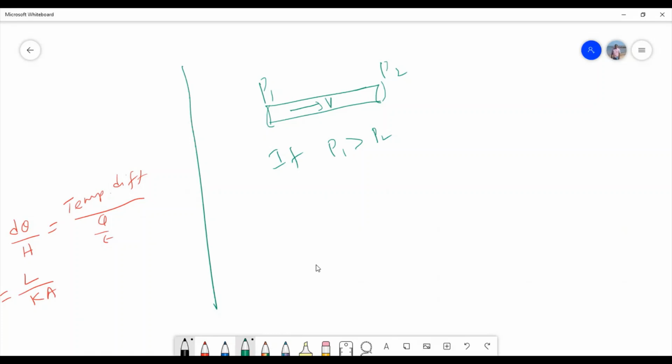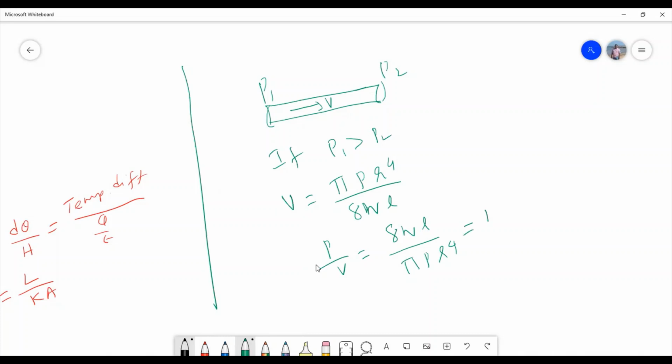Now from Poiseuille's equation, we know that the rate of volume flow of liquid is πPr⁴ by 8ηL. So P by V is equal to 8ηL by πr⁴. So here P is the pressure difference, and V is nothing but the volume of liquid flowing per second.